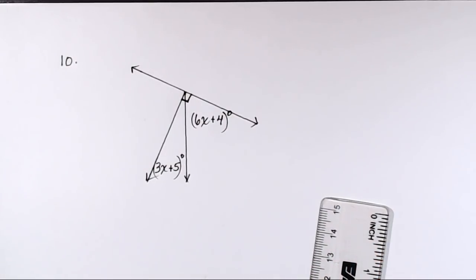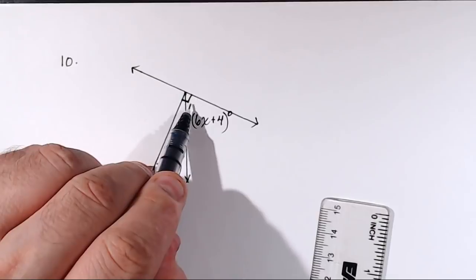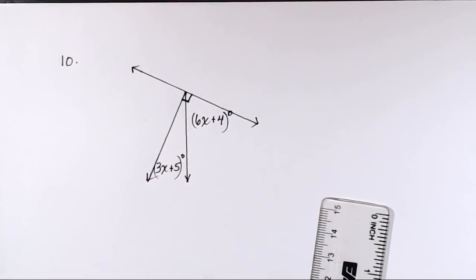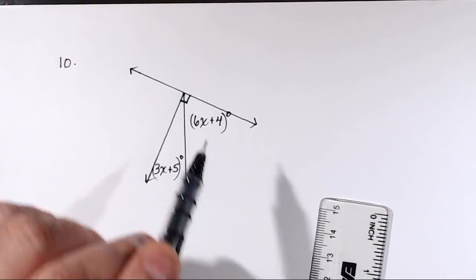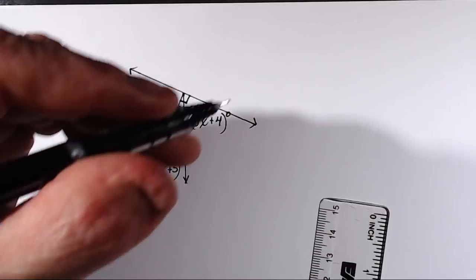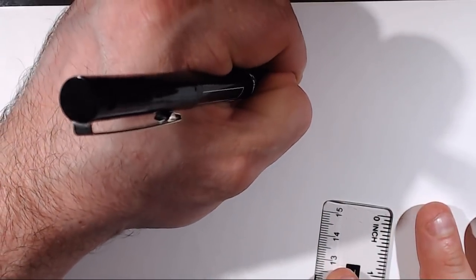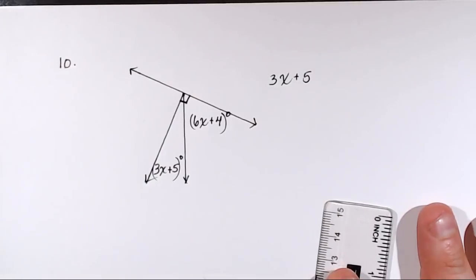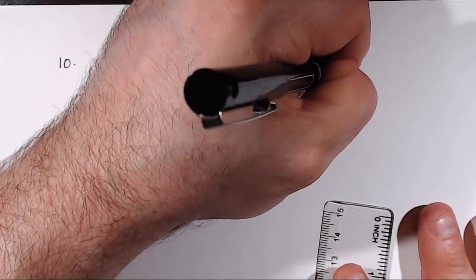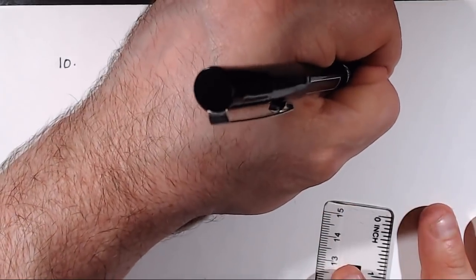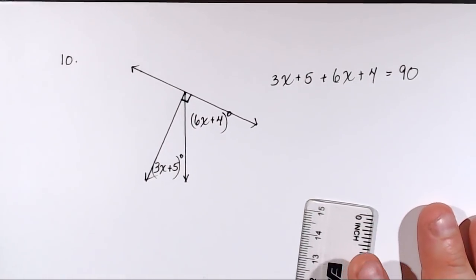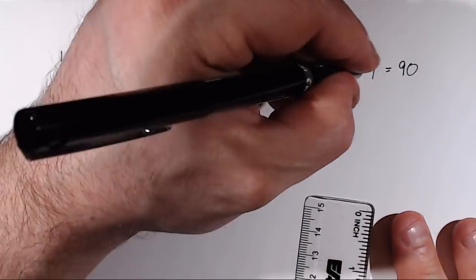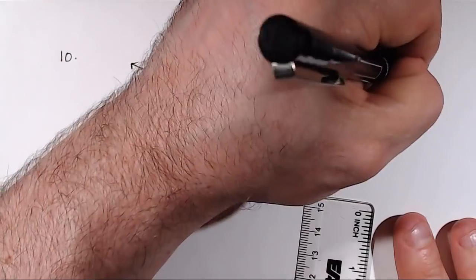You can do this in a couple different ways. I know that this little square means 90, so this angle plus this angle must add up to 90. What we could write is 3x plus 5 plus 6x plus 4 equals 90. Start by getting rid of the whole numbers.